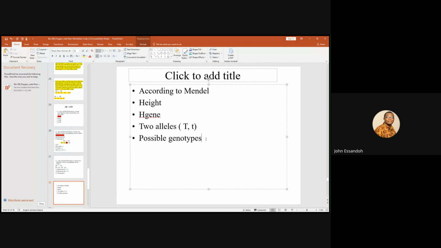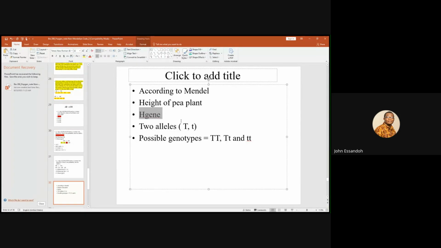We're going to have capital T capital T, capital T small t, and small t small t. According to Mendel, the gene controlling height should be one. Let's say the height of a pea plant: the gene controlling it is this one.